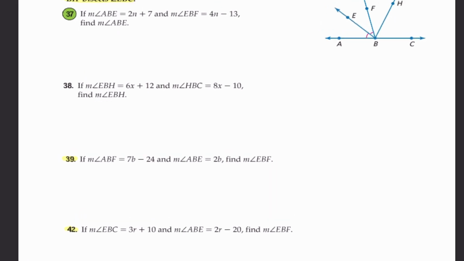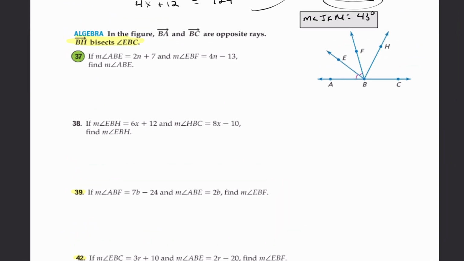If measure angle ABF, so here's ABF, is 7b minus 24. I'm going to erase this because I think we really need to look at something in particular. So 7b minus 24, and measure angle ABE, so A to B to E, that is 2b.